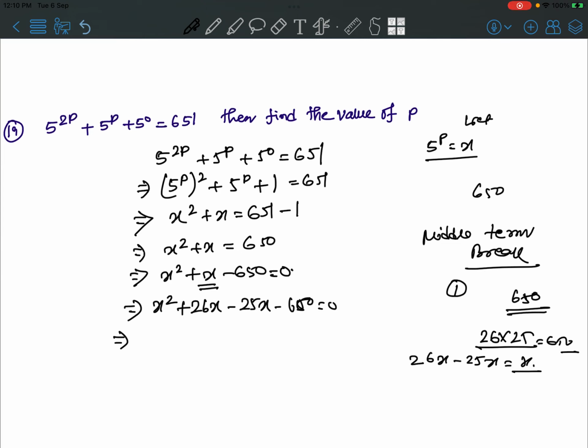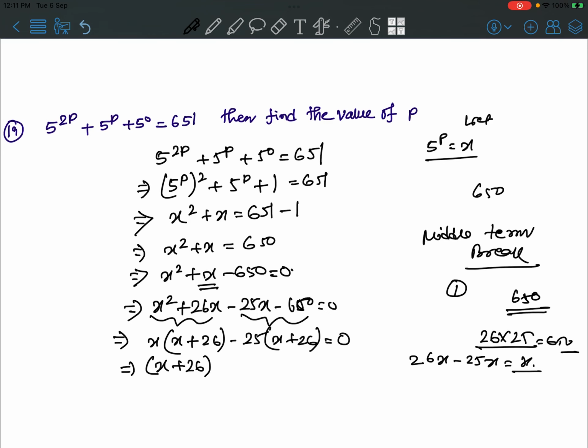Now we can take a common x from this function, and 25 from these two functions. That means after taking x as a common, we can write it as x plus 26 and minus 25 times x plus 26 equals 0. That means we can write it as x plus 26 into x minus 25. When the multiplication of two functions is 0, then each function equals 0.